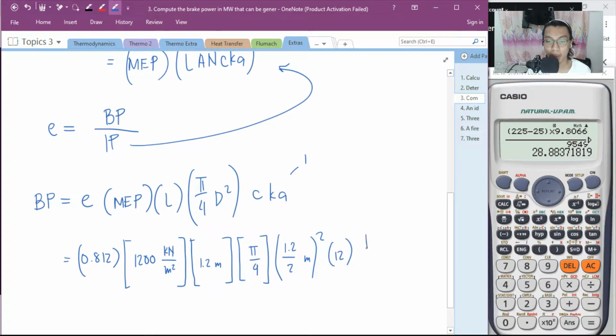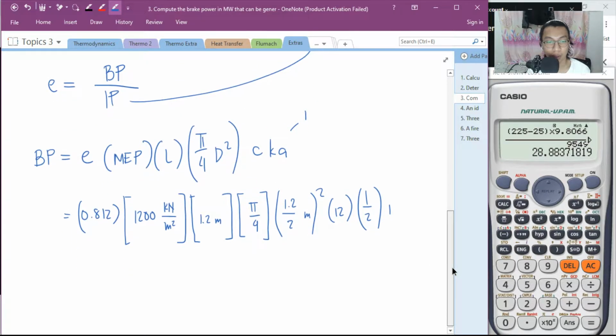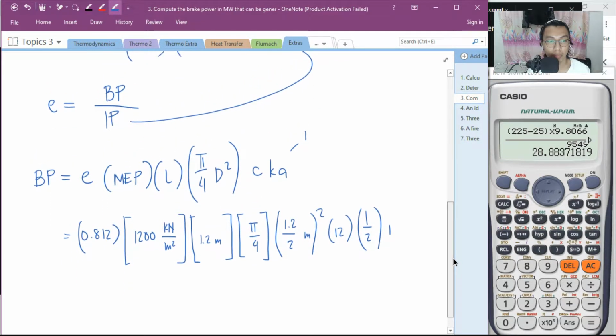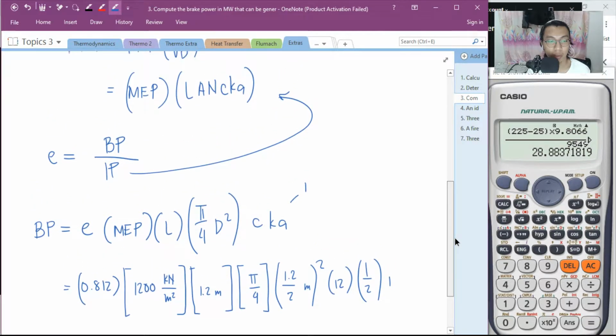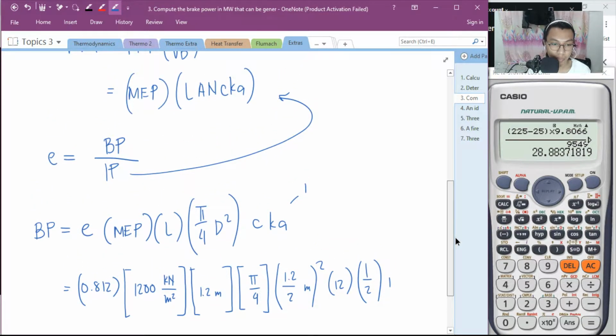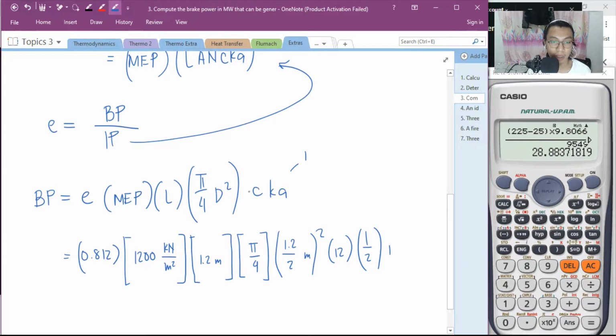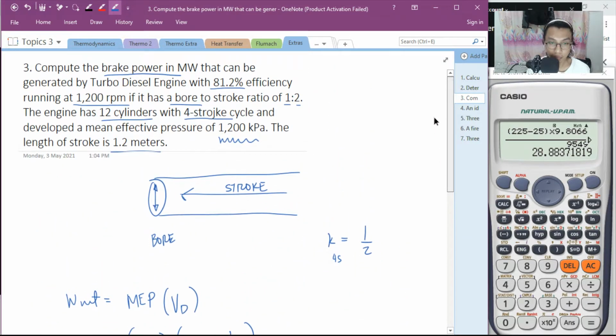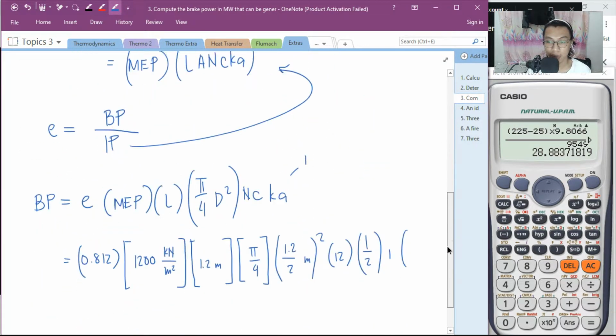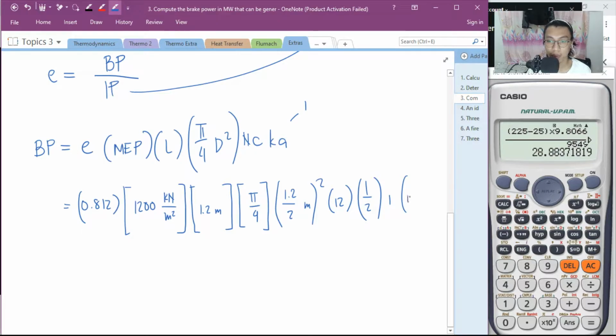K is 1 over 2. And then, single acting. Tignan natin yung unit. MEP, L. Kulang pa tayo ng N. Multiplied to N. Ano yung N mo dyan? That is 1,200 RPM.